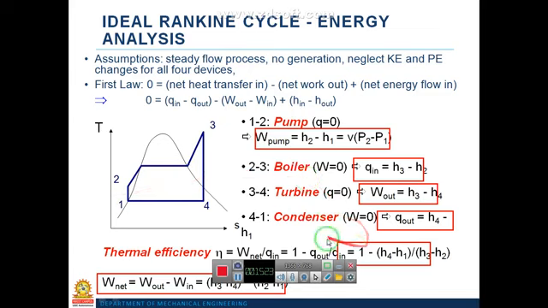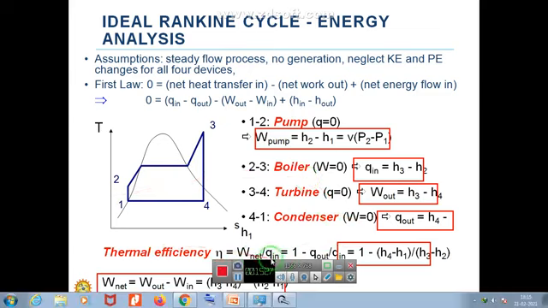And we will see the efficiency. What is the general formula of efficiency? The general formula of efficiency is output by input, and here we have to consider certain assumptions. We are considering steady flow process and no generation, and neglecting kinetic energy and potential energy for all 4 devices.